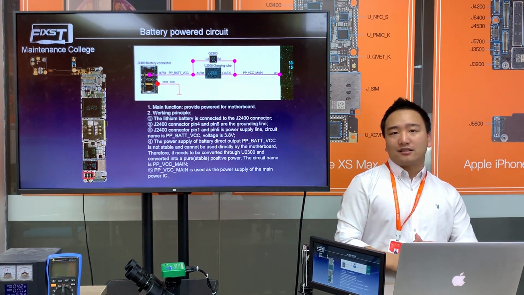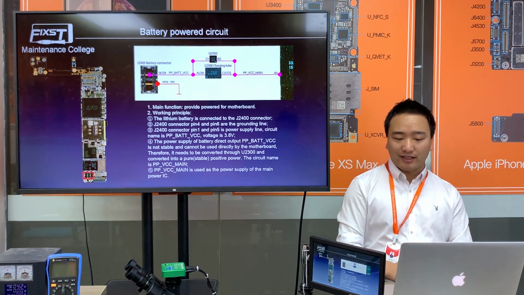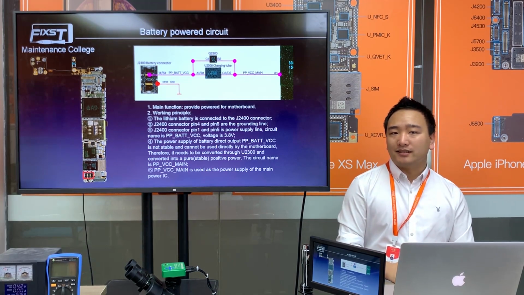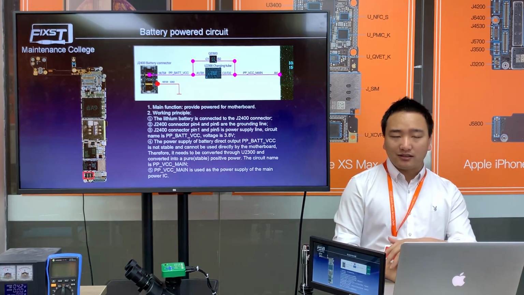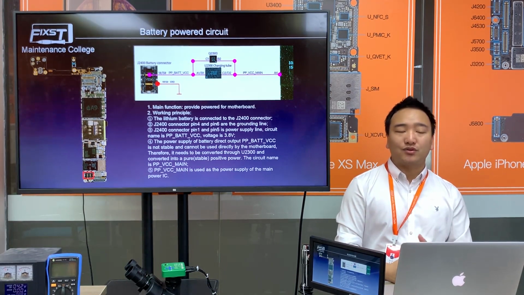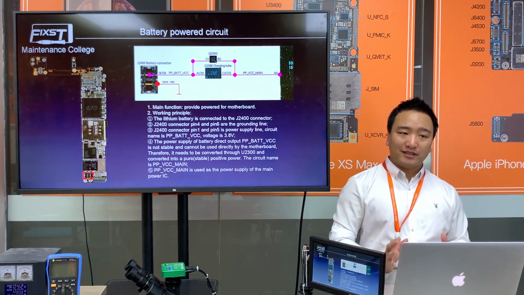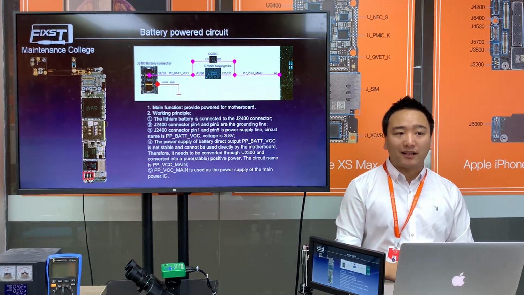And in the iPhone, it is like that. When the battery is connected to the J2400 connector, it sends out this level of power. As you can see in the schematic, pins 5 and 1 of the battery send out the power, BATT VCC. Where is this power sent first?